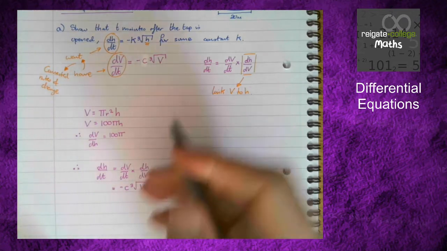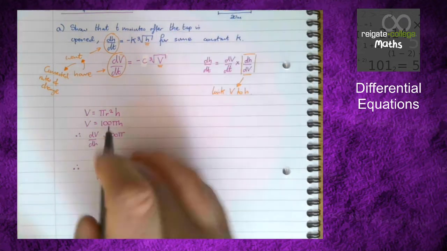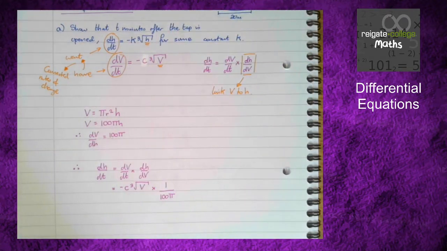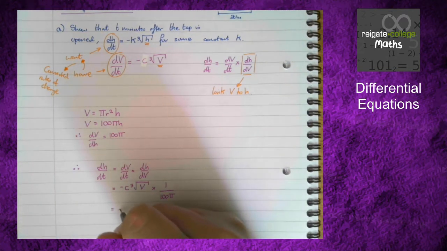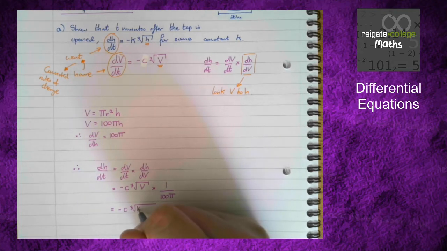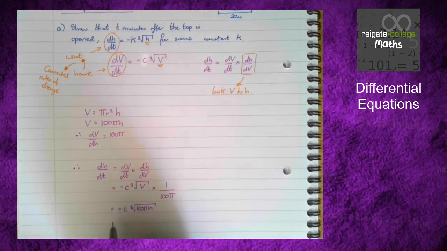Our current statement has v in it, so we also need to change that as well. So we end up with minus c cube root of 100 pi h, because we had v here, over 100 pi.